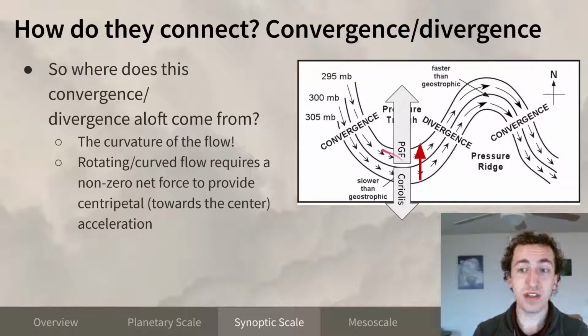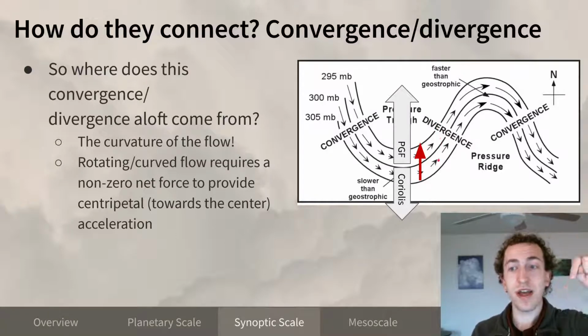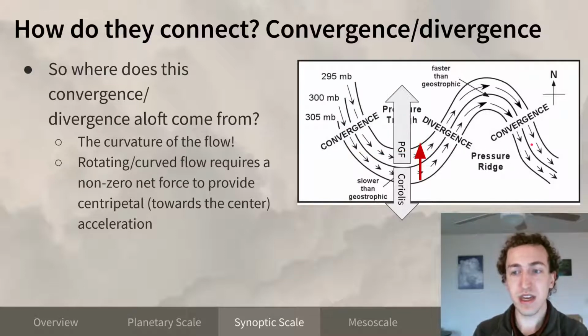But because of how this is oriented, in this diagram we have lower heights to the north. Our pressure gradient force is always going to be pointing up. And because our flow is more or less going from west to east, our Coriolis, which always acts to the right in the northern hemisphere, is pointing down.